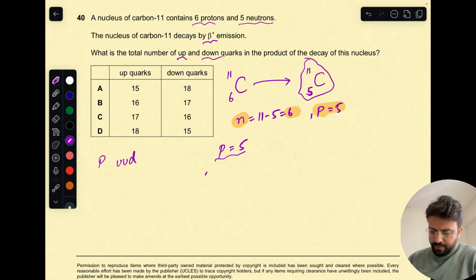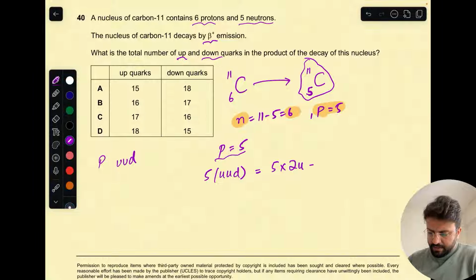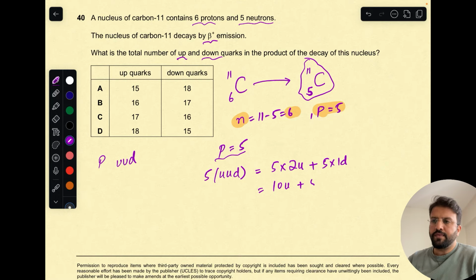So 5 UUD means 5 into 2U plus 5 into 1D. So it will have 10 up quarks plus 5 down quarks.